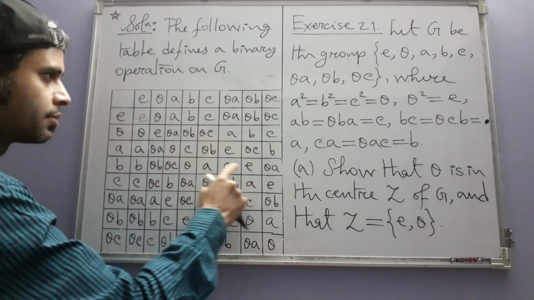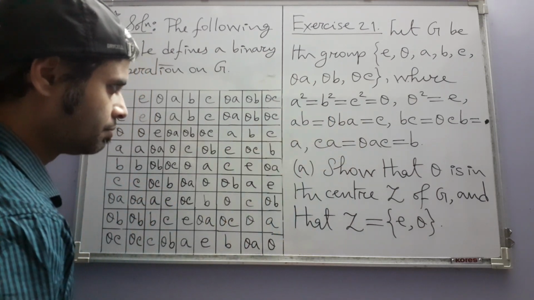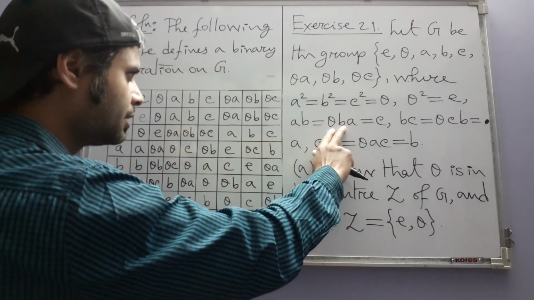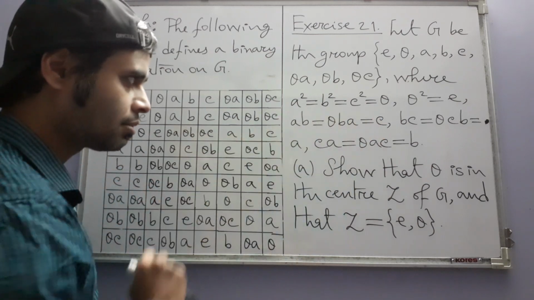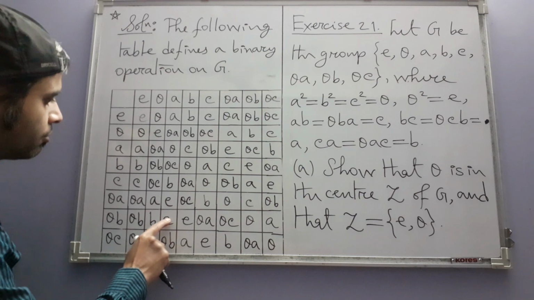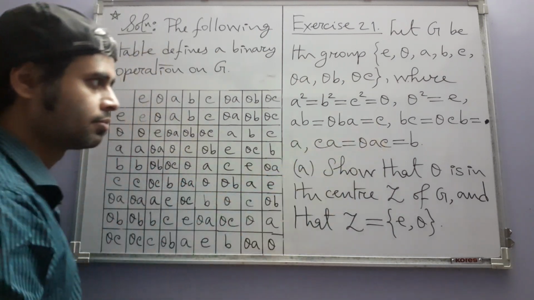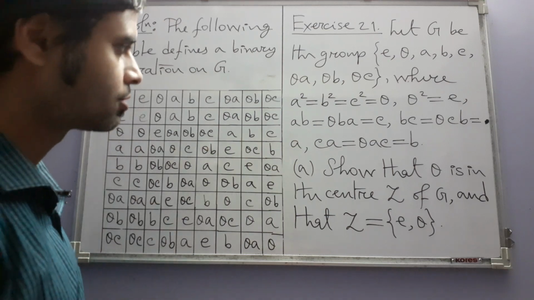AB is C. What is theta BA? This you can interpret as theta B times A. In the row of theta B, you look at the column of A, you get C. Similarly, the other relations are also true.